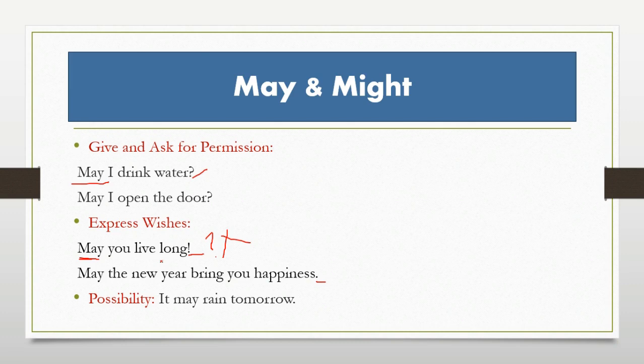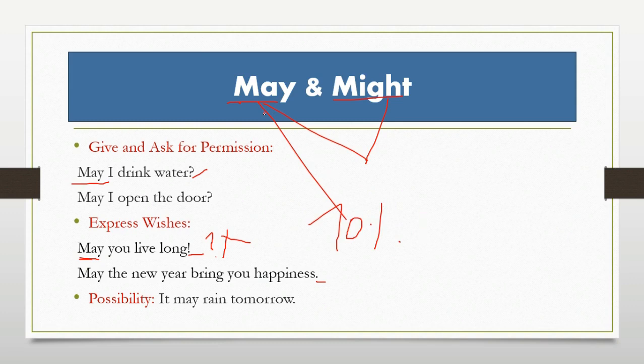Or possibility: it may rain tomorrow. For example, you come out of the room and you see it is cloudy, so you make an assumption about tomorrow. But now keep in mind, for might and may: if there is 70% chance, then we would use may.